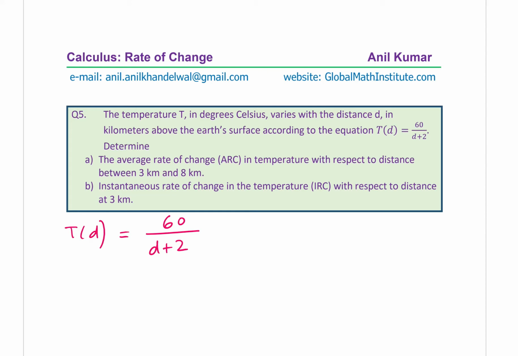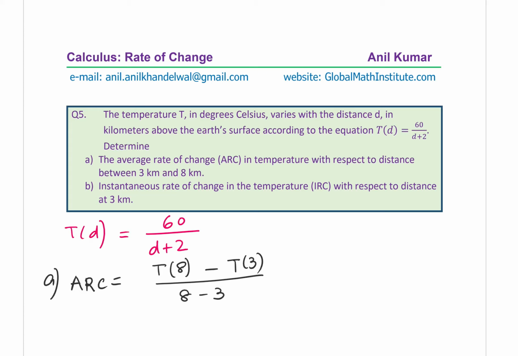So to find the average rate of change, what are you going to do? So A is average rate of change, right? Average rate of change will be between, we want 3 kilometer and 8 kilometers. So in that case, you can say difference of temperatures. You can calculate the value when distance is 8, minus when distance is 3, divided by 8 minus 3, correct?